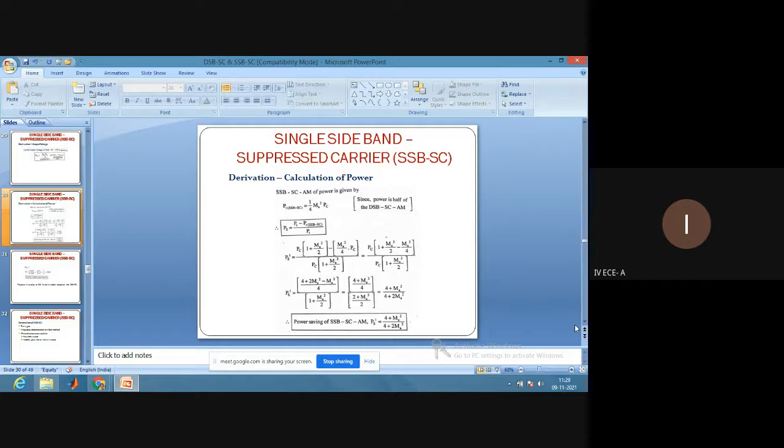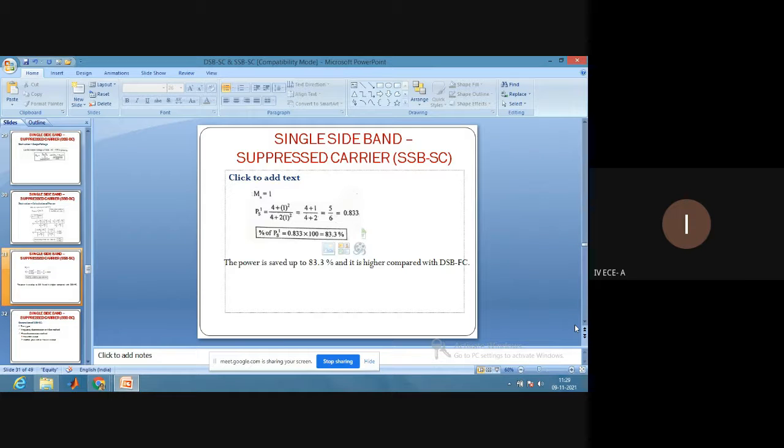By substituting the values, we can determine the power saving as (4 + ma²) / (4 + 2ma²). Now consider ma equal to 1. When calculating the percentage of power saving, we get 83.3%. From this, we can conclude that the power saved is up to 83.3%, and it is high compared with the DSB-FC system.